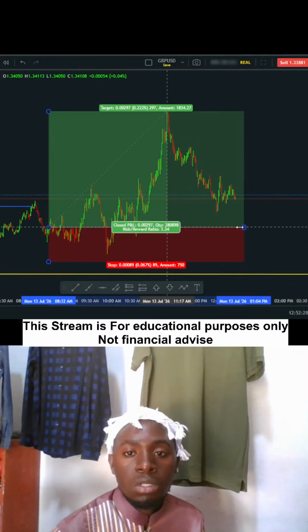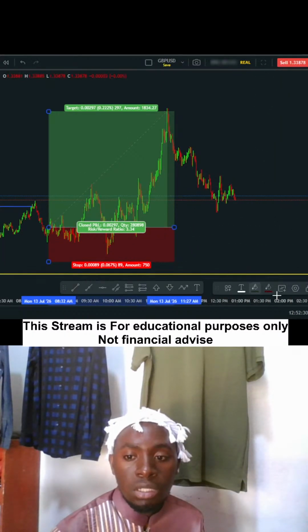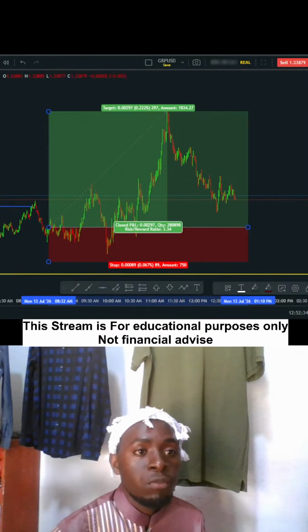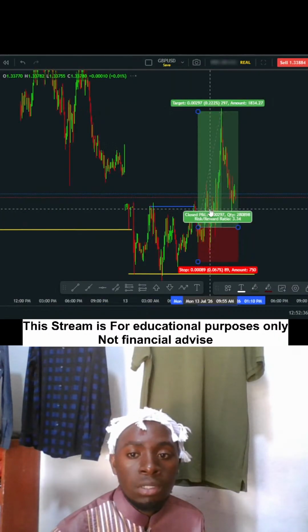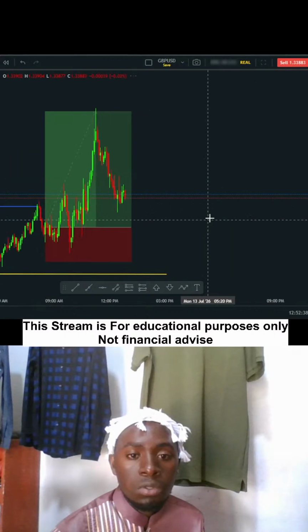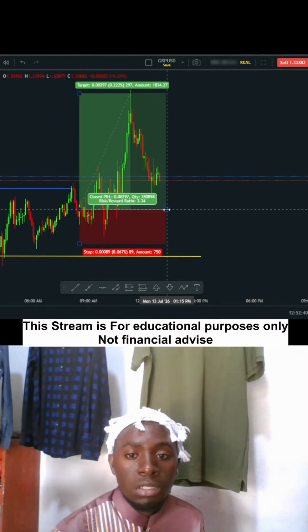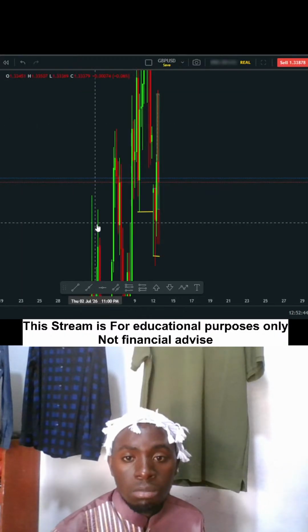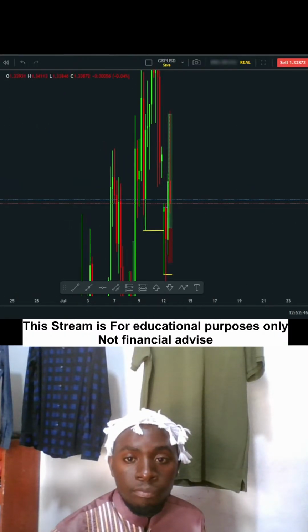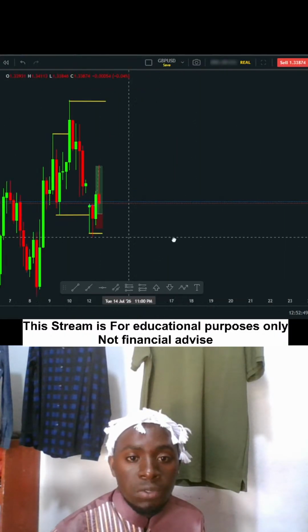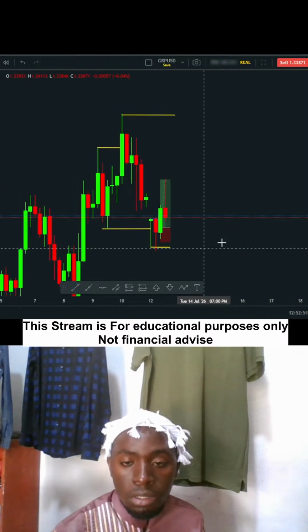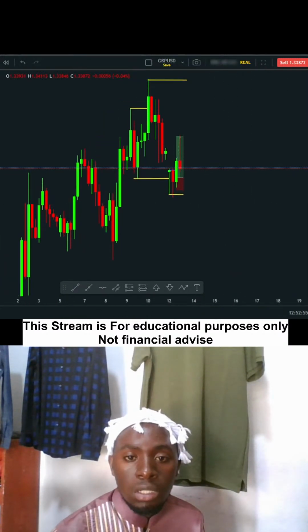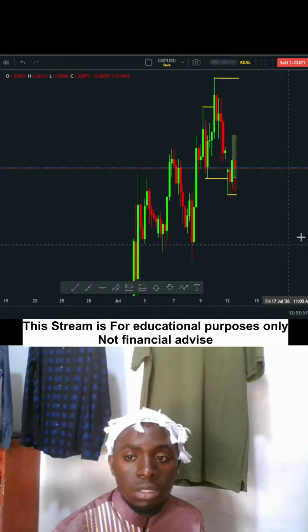Oh man, this would have been a nice entry, like seriously. But first of all, let's see what the momentum would have been. It's always good to also cater for the momentum of the market. I wouldn't have entered this trade. The market was in that pullback, so I would have ignored it.